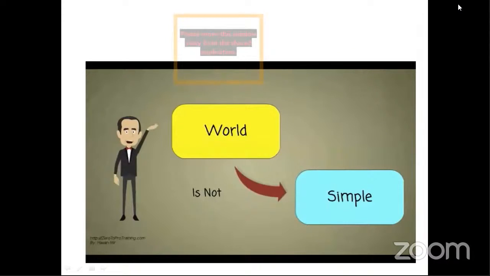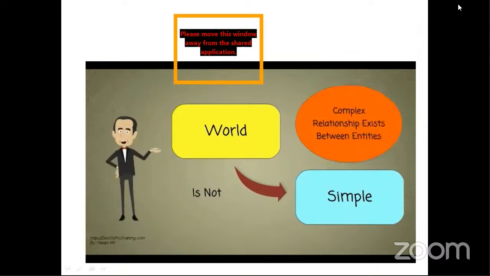If there would be only one department in the company, then it would be easy. It will be assumed that all employees belong to that department. However, in reality, the world is not that simple. Complex relationships exist between entities.